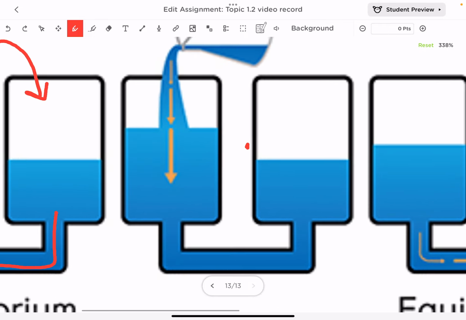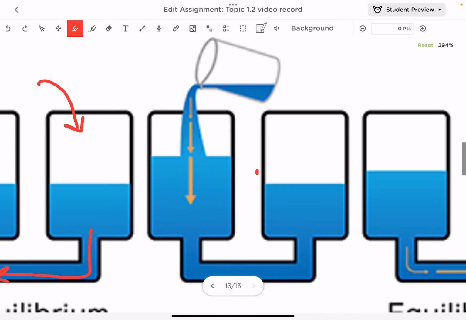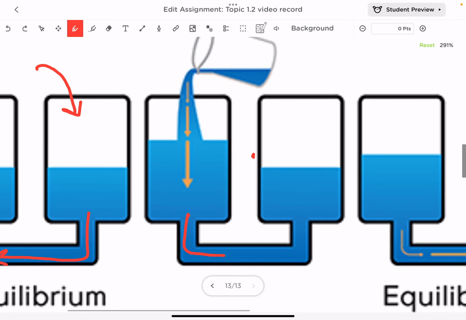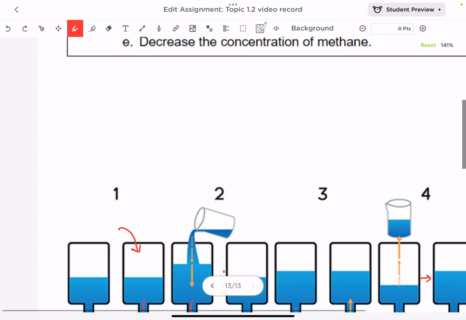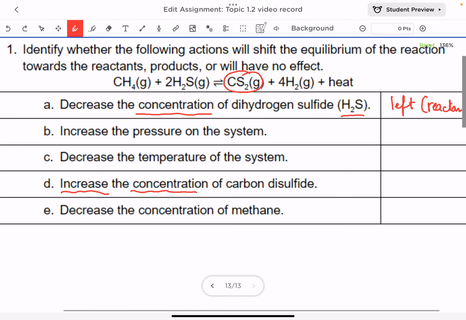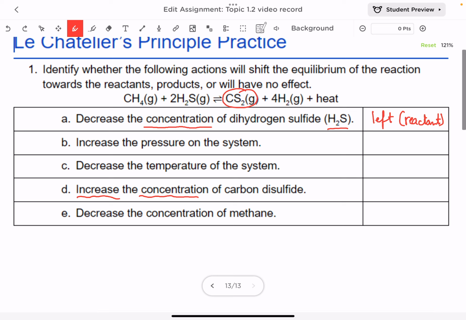Or, if you added water on the side of reactants, the water will go in this direction, reducing the stress. In this question, CS2 is on the side of the product and it is increased. So I need to take the reaction toward the left, toward the reactants, to reduce this added stress.